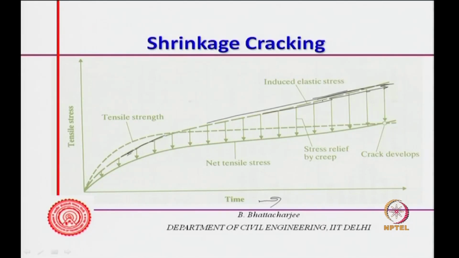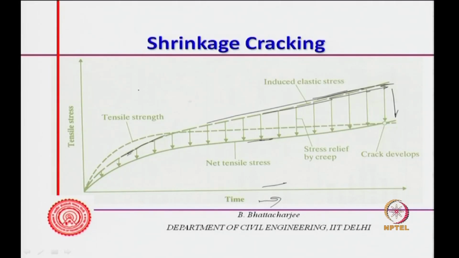Fortunately, there is some amount of relaxation because of creep, because you have a tensile stress which is sustained with time. There will be some relaxation due to the creep effect, because it is a restrained structure. A restrained structure shows shrinkage cracking. I was talking about the thin structures earlier, very thin sections.